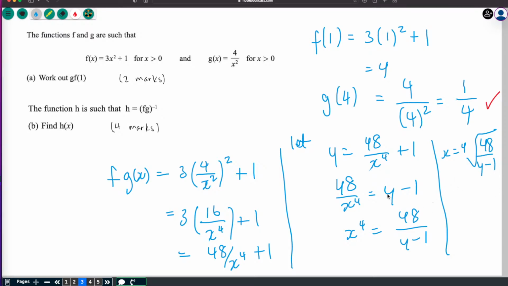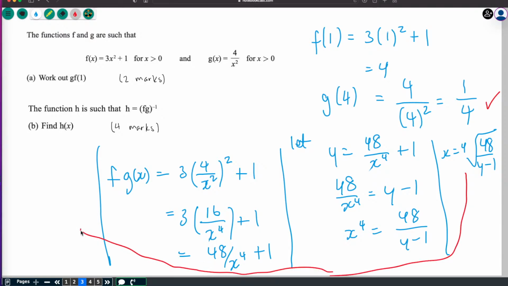And the last step, I'm going to do this over here. Sorry for the slightly messy working. The final answer is going to be over here. Then you just replace the x with h of x. Okay? Don't get too confused by that step.